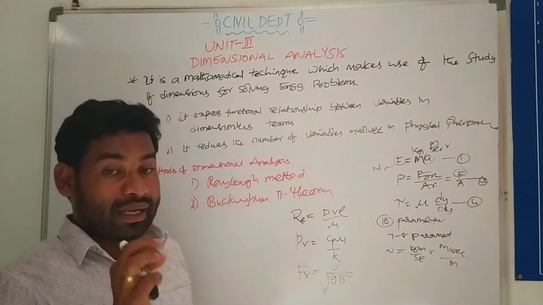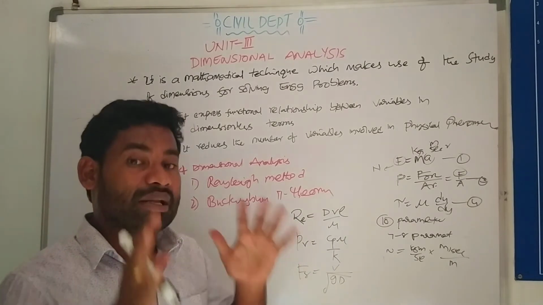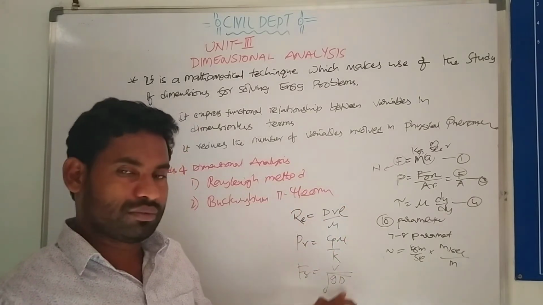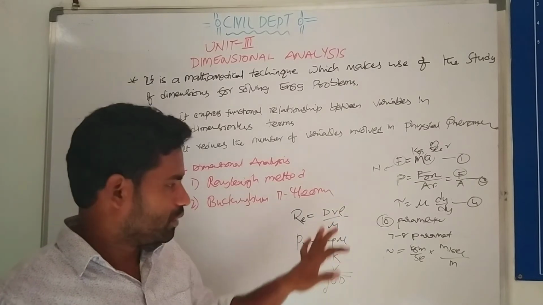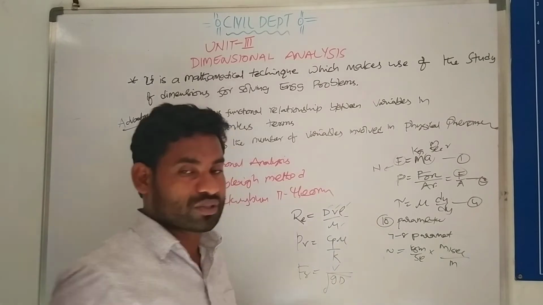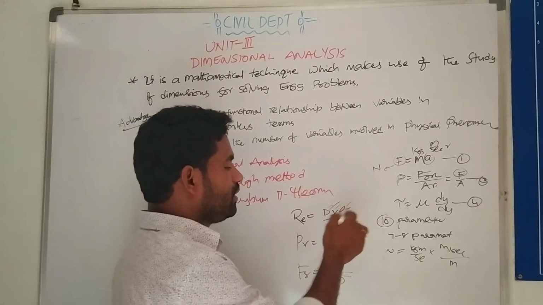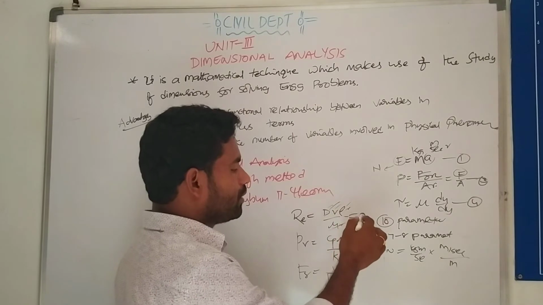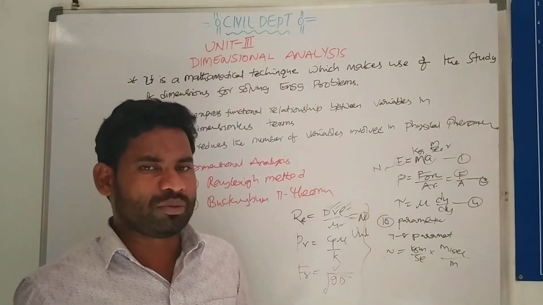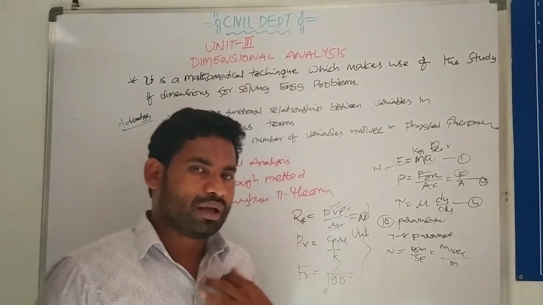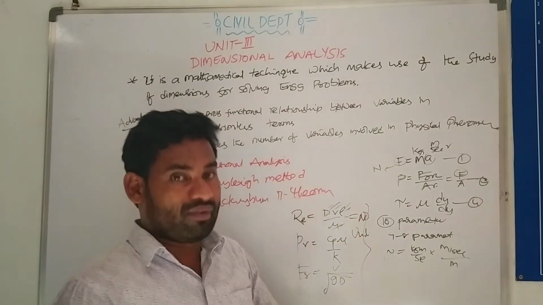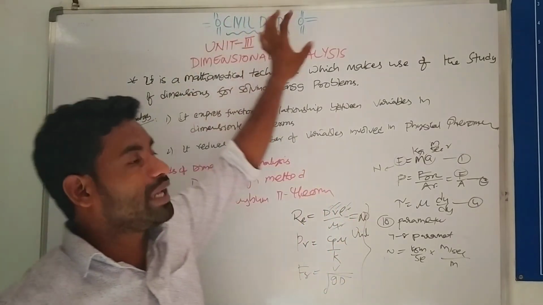These are all called dimensionless numbers; there are no units for these. Here d is the diameter, V is the velocity, rho is the density, and mu is the viscosity. If you cancel all the units at the top and bottom, there are no units for these numbers. Many other numbers exist, like the Prandtl number, Nusselt number and Grashof number, and we can develop these by using dimensional analysis.